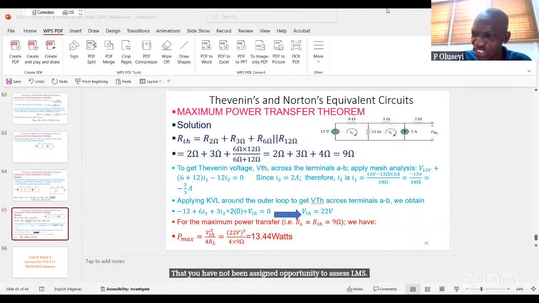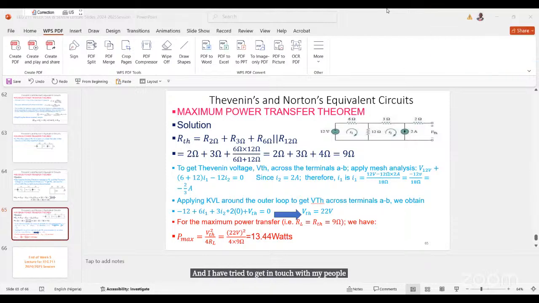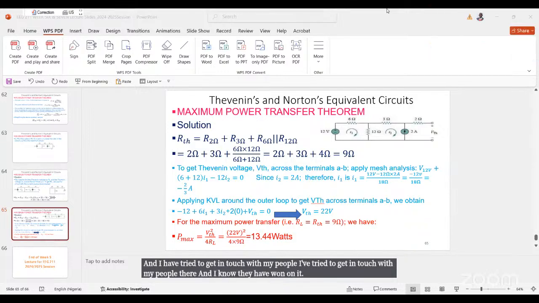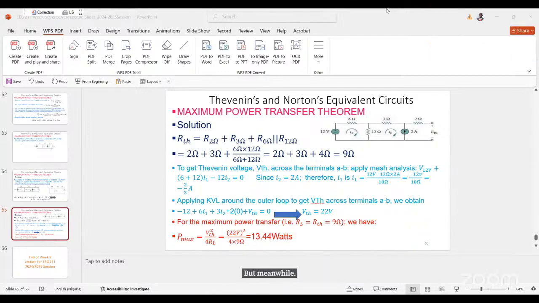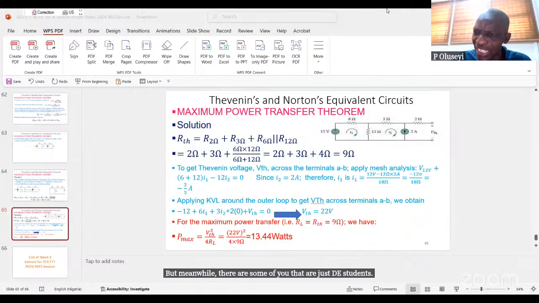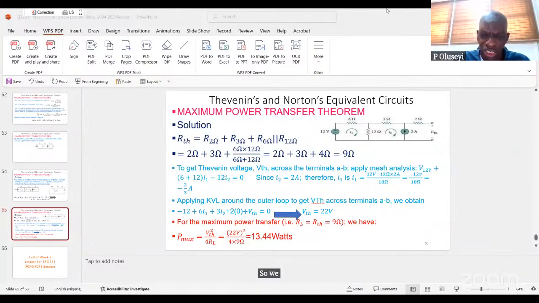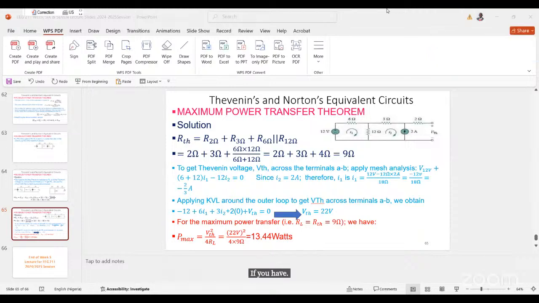I have tried to get in touch with my people there, and I know they have worked on it. But some of you are DE students, and there's no way a DE student can enter our portal on LMS. So we have to use Google Classroom to submit the assignment.